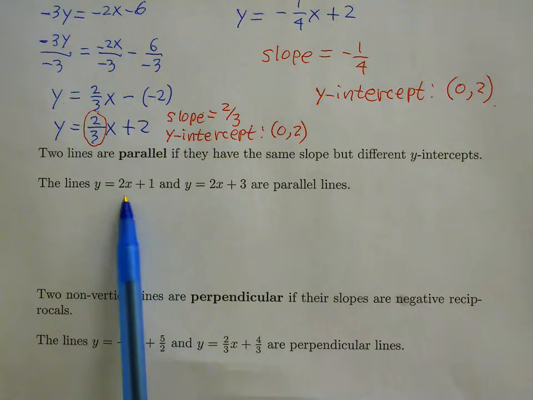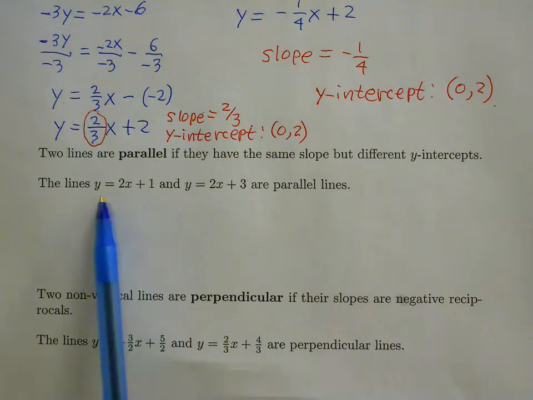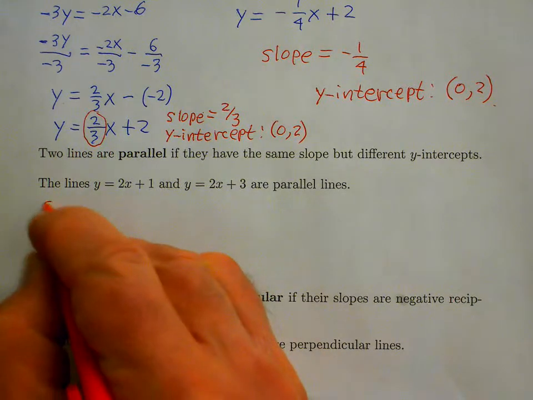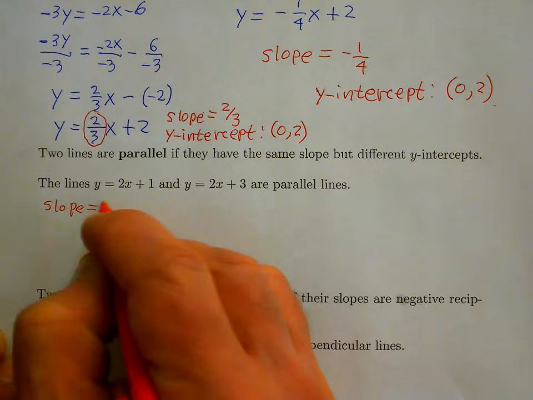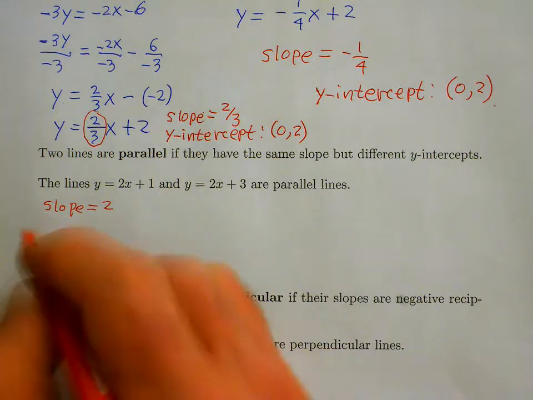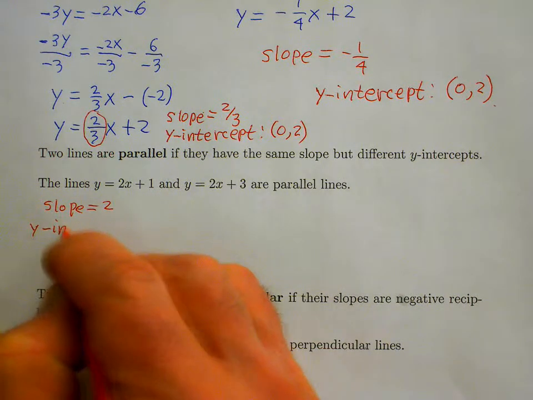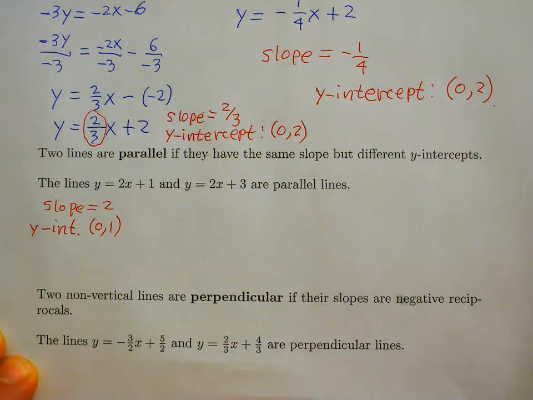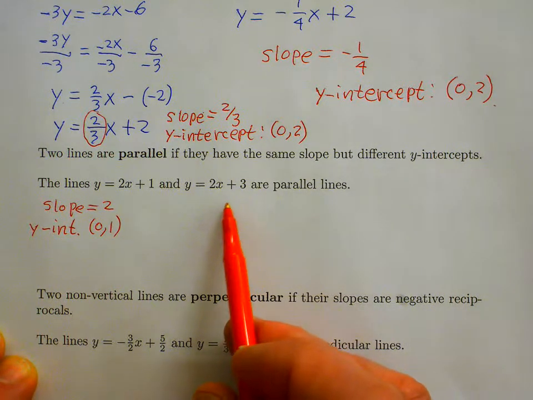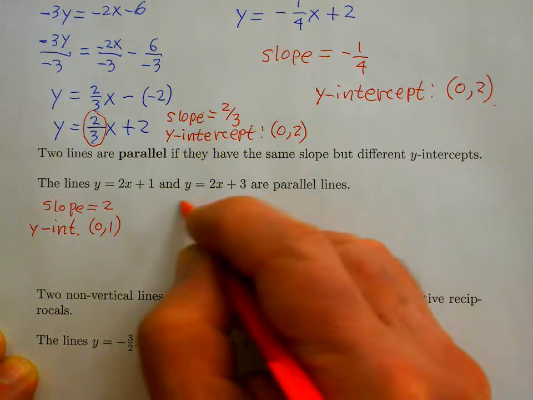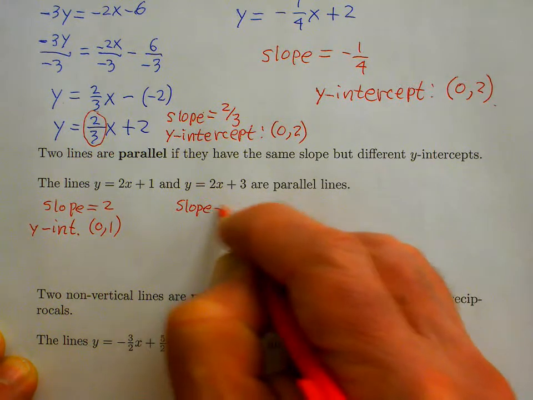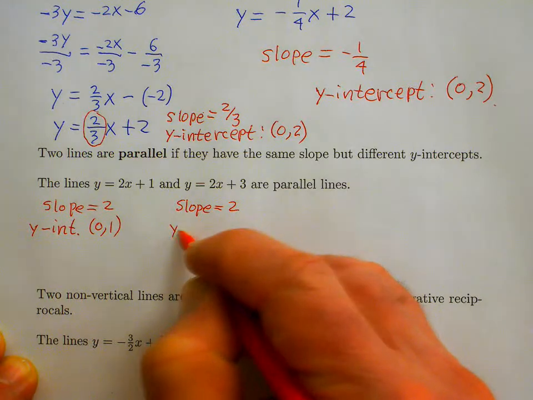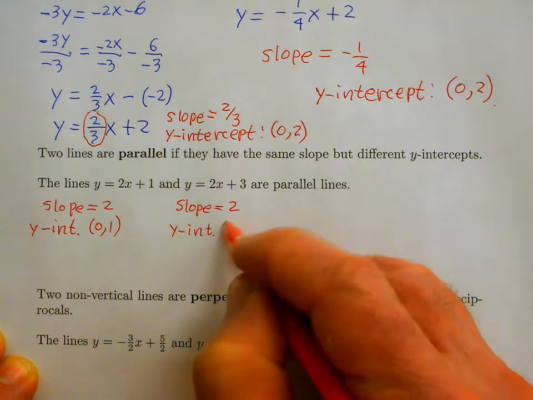The slope of the line on the left, y equals 2x plus 1, is 2. And the y-intercept is 0, 1. The other line, y equals 2x plus 3, the slope of that line is 2. And the y-intercept is the ordered pair 0, 3.